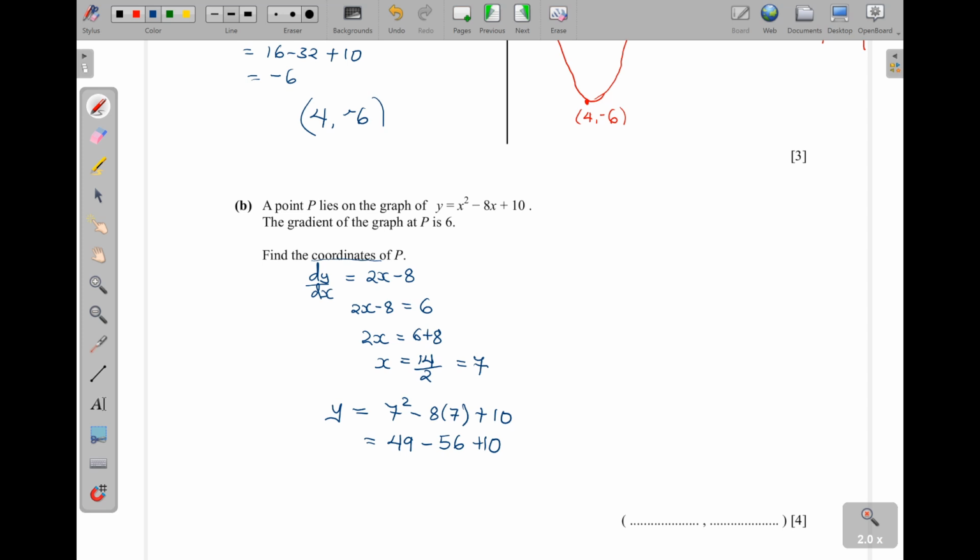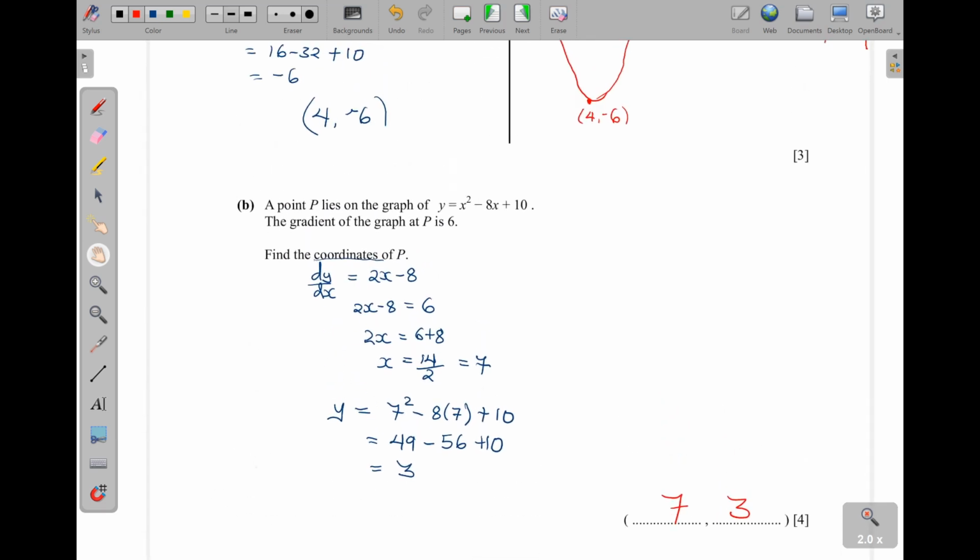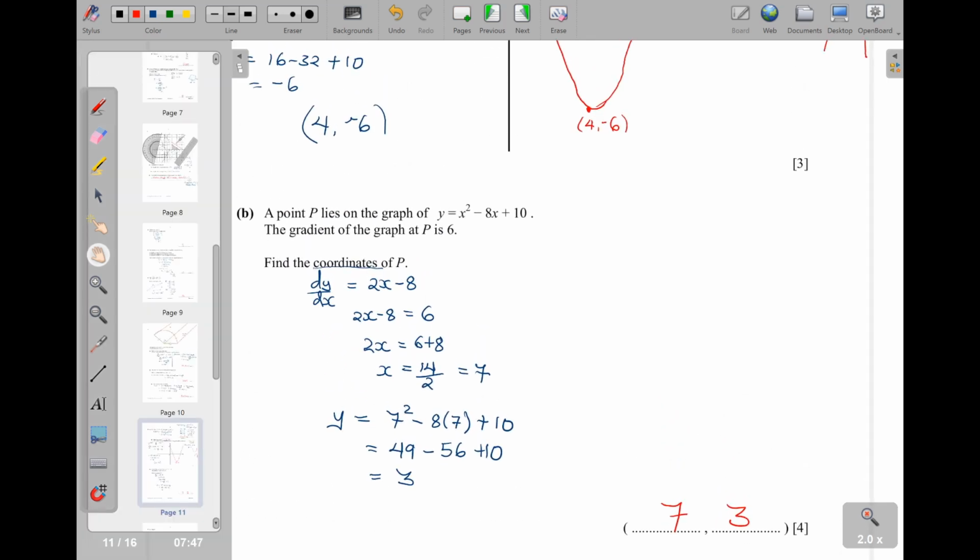Now 49 plus 10 gives us 59. 59 minus 56, I think that is a 3. That means our answer is going to be (7, 3). That has been it for this question.